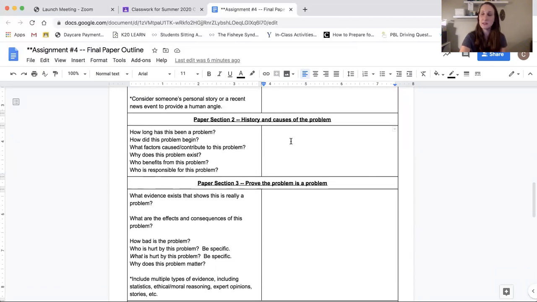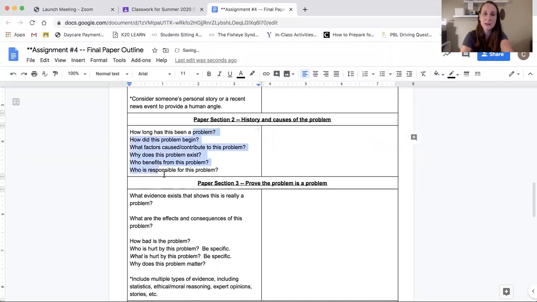Anytime you're giving a detailed look into a problem, you want to talk in depth about what some people argue are the causes of this issue. I don't want you to just see, okay, how long has this been a problem? This has been a problem since forever. It's not very detailed, it's not very structured, and it's really not what an outline is.